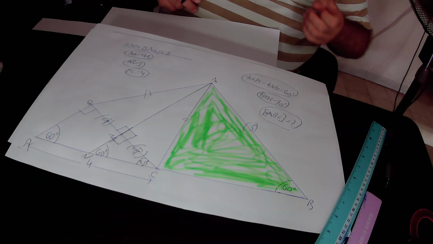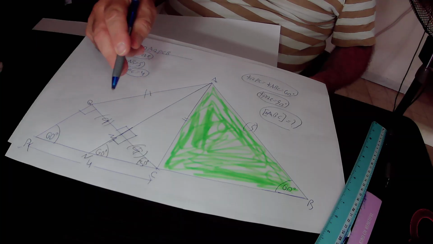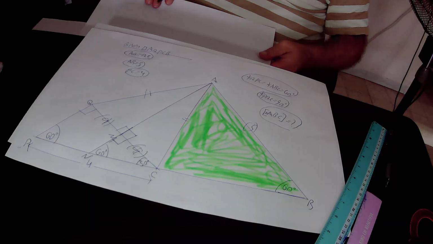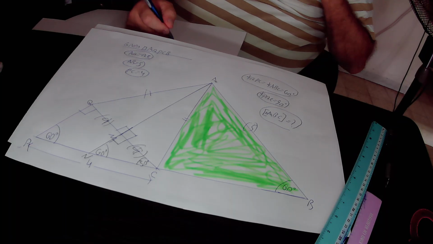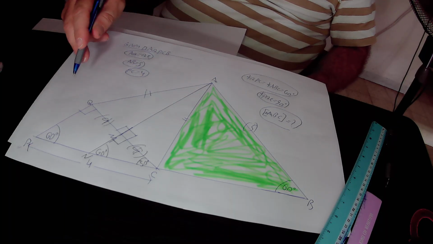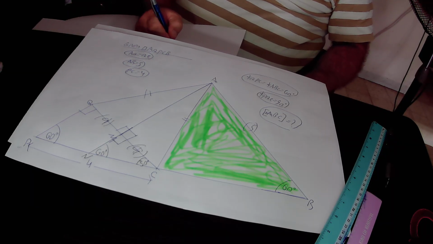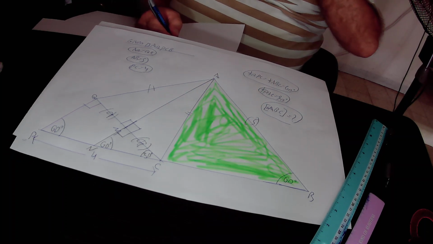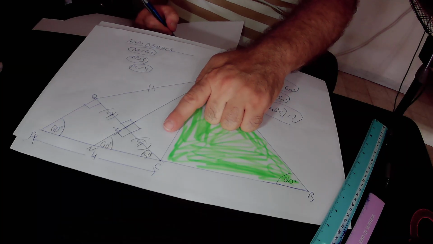We will derive that side NC of the right small triangle MNC over side PC of the big right triangle QPC is equal to side MN of the small right triangle MNC.